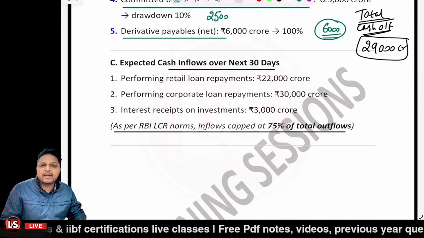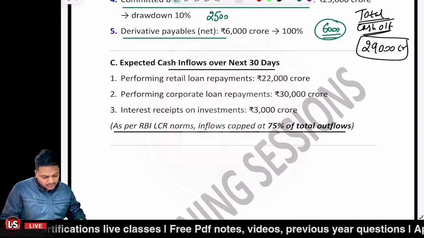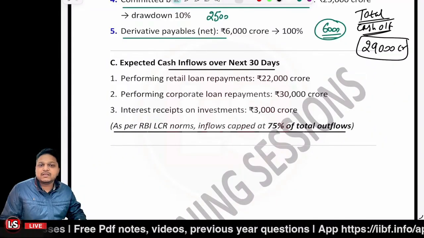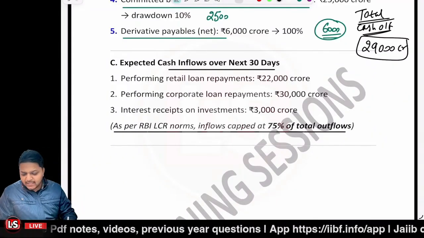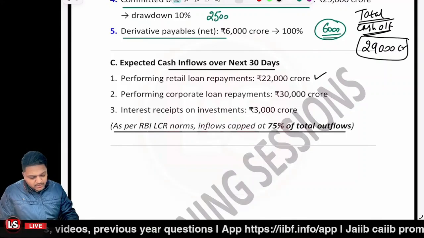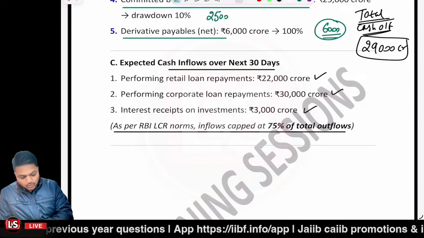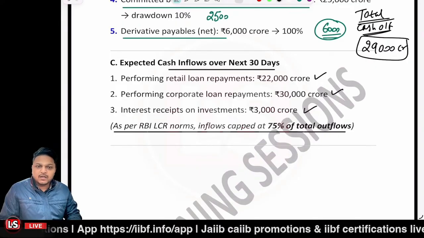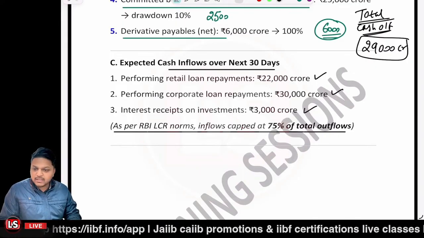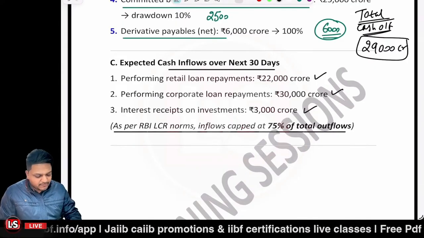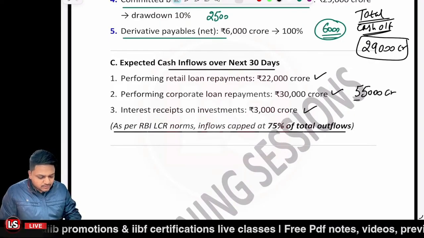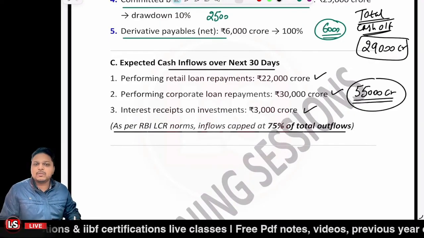So total inflows, what we are having? We are having 22,000, 30,000, 3,000. So 22 plus 30, 52, 52 plus 3, 55,000. So total inflows are 55,000 crores.